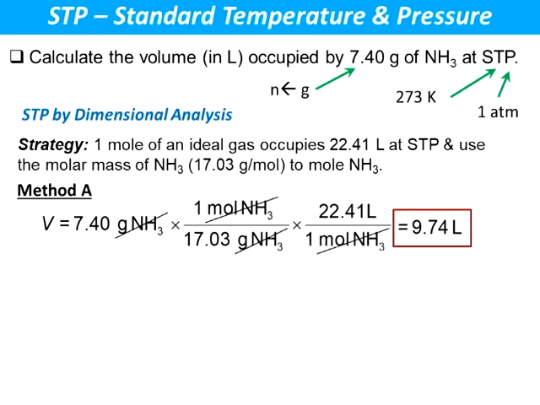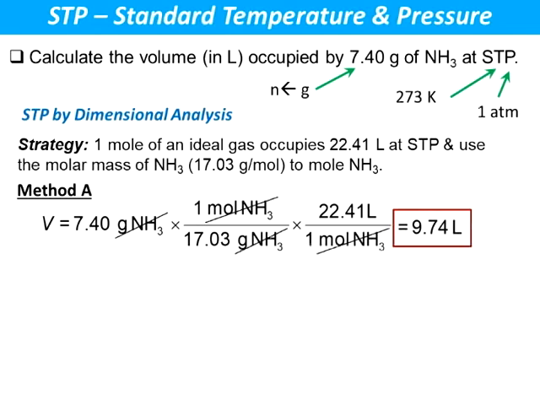So here's the strategy. 1 mole of an ideal gas occupies 22.41 liters at STP. So we would note that, and we will use the molar mass of ammonia to get to moles of ammonia. So we set up our given at 7.40 grams ammonia.